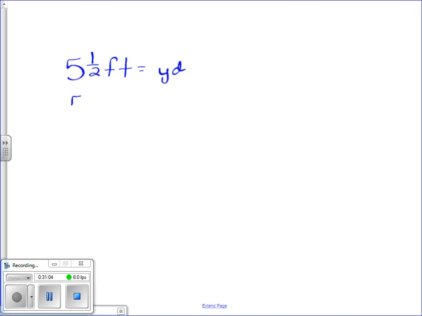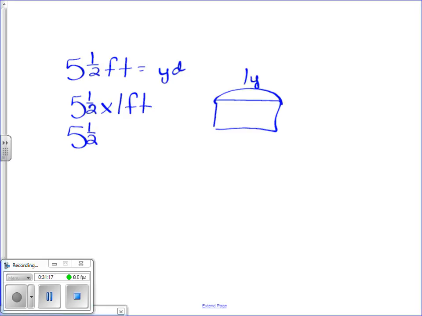If I have 5 1/2 times 1 foot, I'm trying to get to a yard, but all I have is 1 foot. It's 1/3 of a yard.